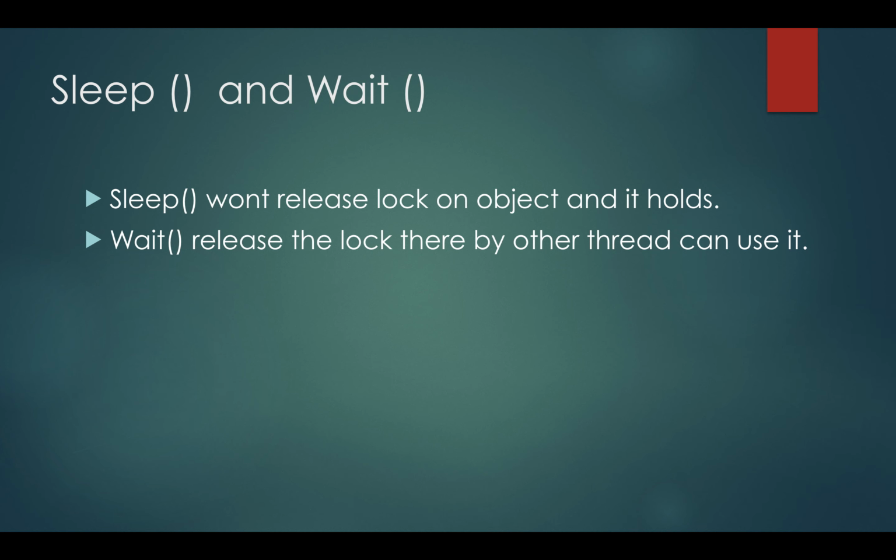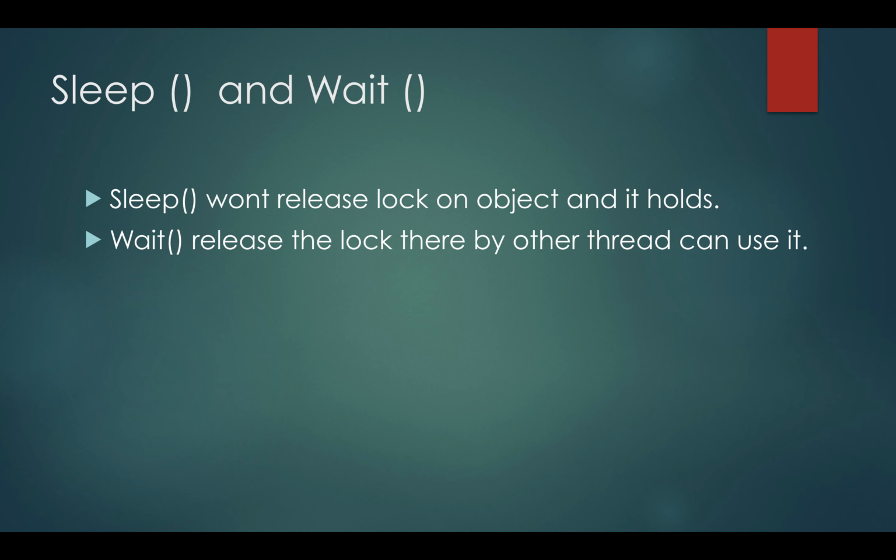See, when you put Thread.sleep with some given time, it is not going to release the lock on the object. It is going to hold that object until it wakes up, which means that particular object is not going to be available for other threads or other resources to process it.